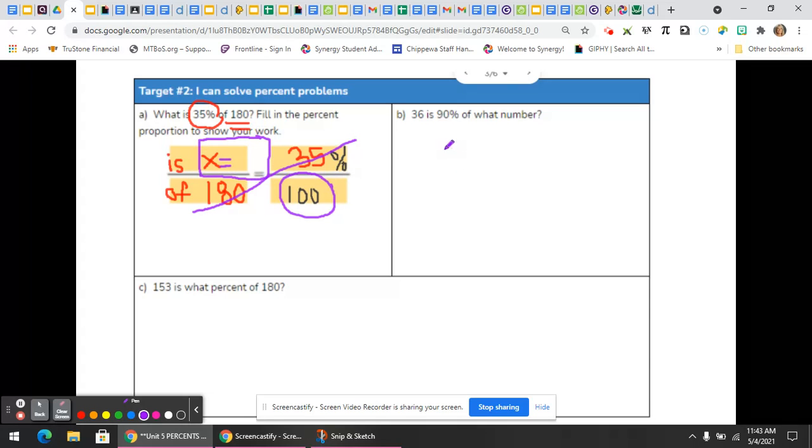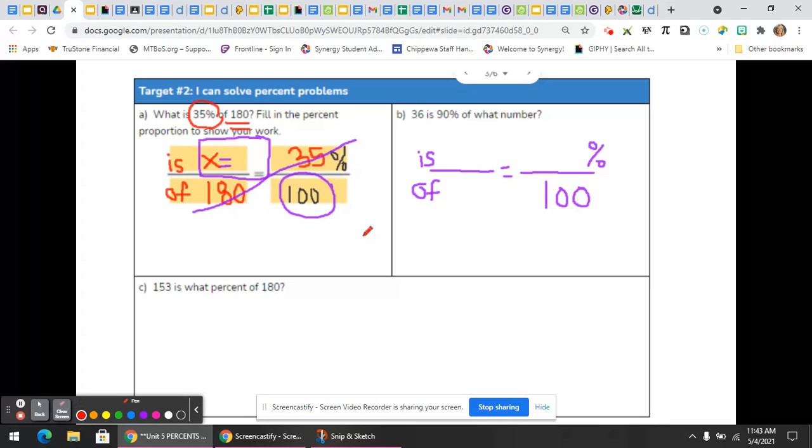Letter B, I'm going to use the same percent proportion to help me find my missing part. Remember, we have percent out of 100, and then my part is my is, my whole is my of. Now let's read it to figure out which piece goes where.